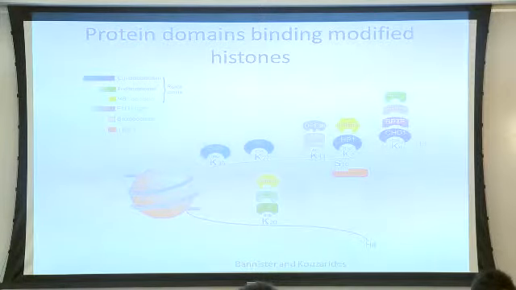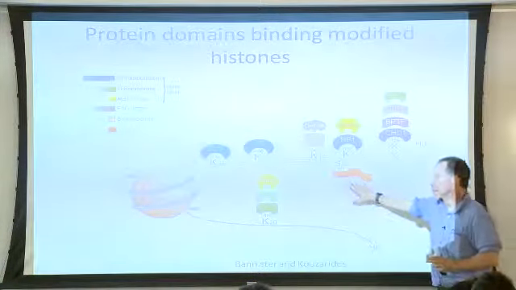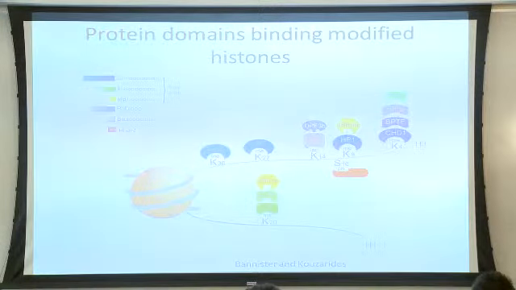and Kouzarides, in which these different modifications, and this picture focuses on lysine residues with the exception of serine 10 here, and shows the names of the domains of proteins that interact with those modified residues.